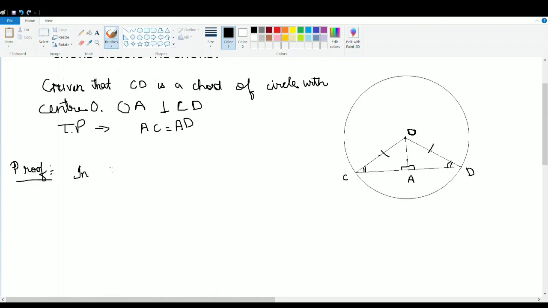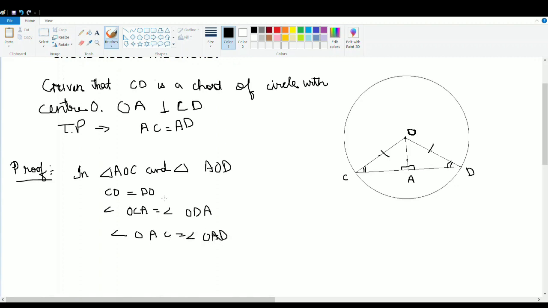In triangles AOC and AOD, CO is equal to DO, angle OCA is equal to angle ODA, and these two angles are also equal: angle OAC is equal to angle OAD. This is because CO and DO are radii of the circle.